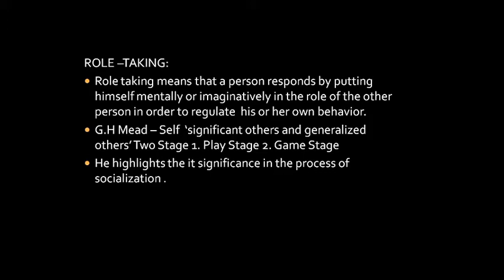An individual is not only identifying their own role in football as a striker, but also will identify the other friends' roles as well, where someone is playing as a defender, or someone is playing as a goalkeeper and midfielder. So that is the game stage, where an individual is not only differentiating itself from others, but also begins to act, himself or herself, from the point of view of the whole group.